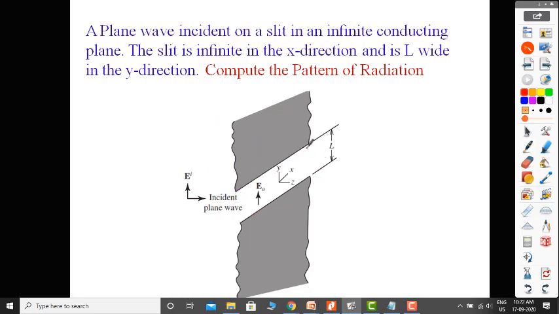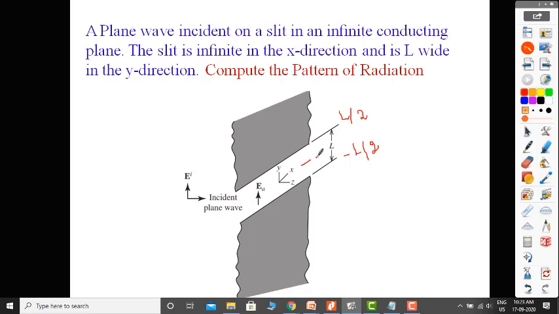The slit has a finite dimension of L. L is the gap distance of the slit, where the upper edge can be represented as L by 2 and the lower edge as minus L by 2, because we have taken the center point or middle of the slit as our reference.